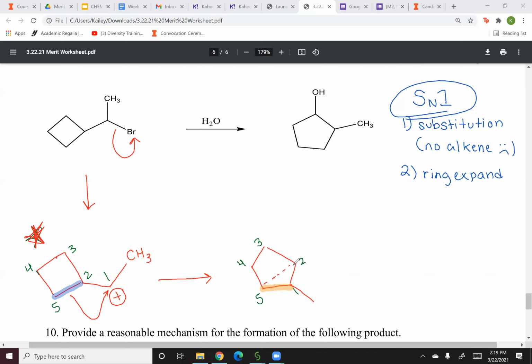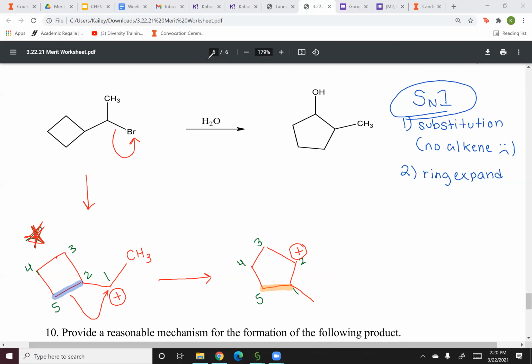So I'm taking a bond away from 2 and giving it to 1, which means that my carbocation is now going to be on carbon 2. How do we feel about that? Good, good. Okay. So then I'm going to erase that dashed line.